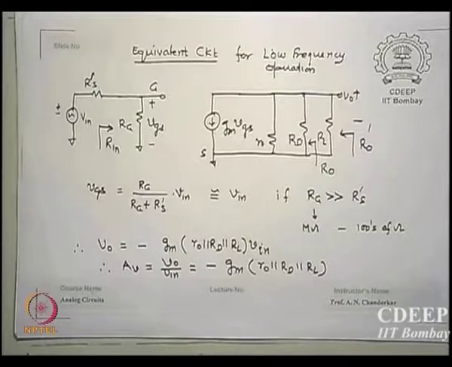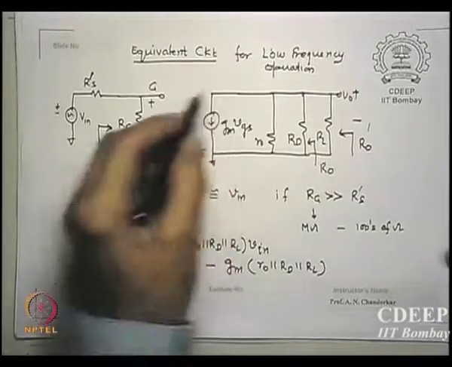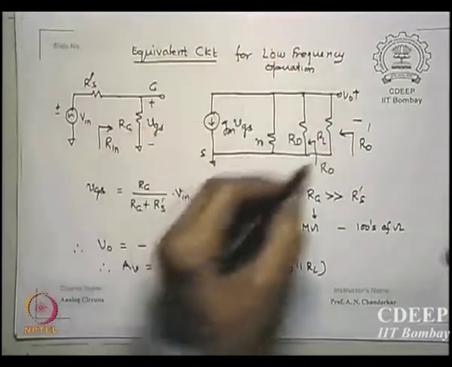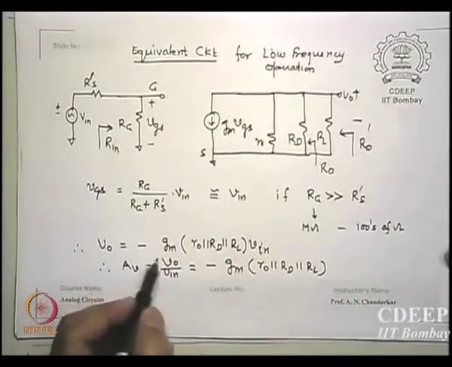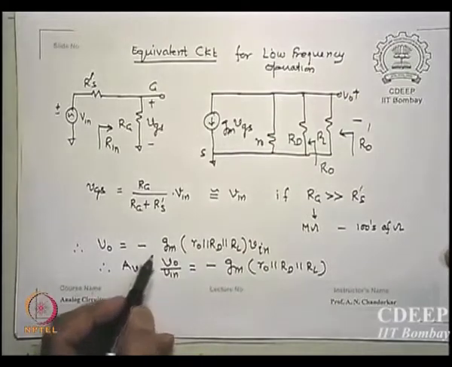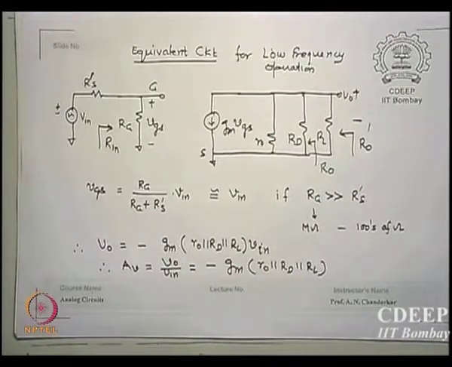It should be given opposite, because GmVGS will actually go like this, but voltages are measured like this. So we say V0 is minus. This minus is very important. What does it mean in circuits? Minus means invert, or a phase of 180 degrees.